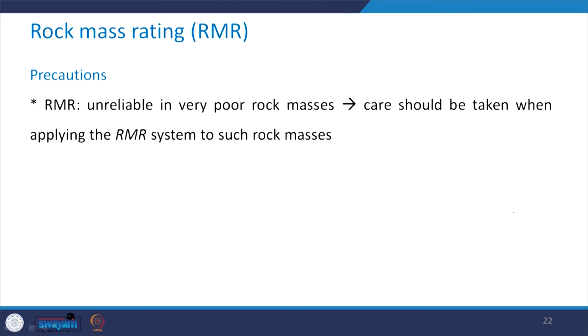We should use our engineering judgment when we apply this system to poor rock masses, because this system was developed for sedimentary rocks and for shallow tunnels, and those rocks for which it was developed were not of very poor quality. So, we have to be careful when we use this RMR system for very poor rock masses.